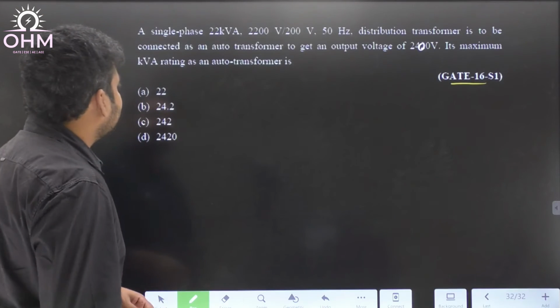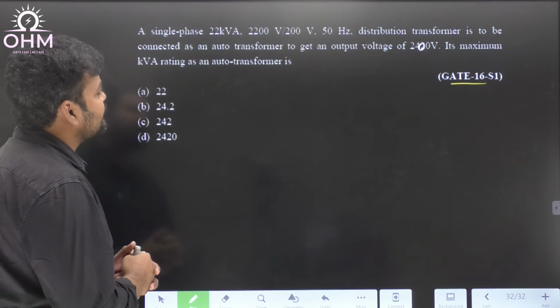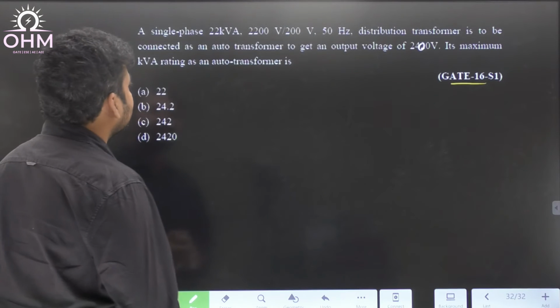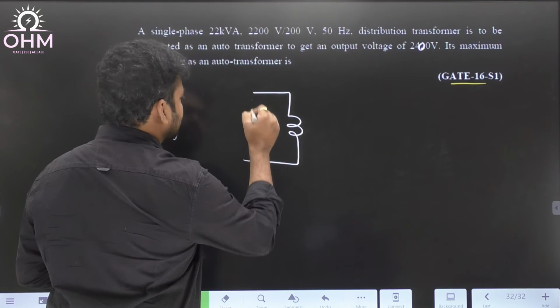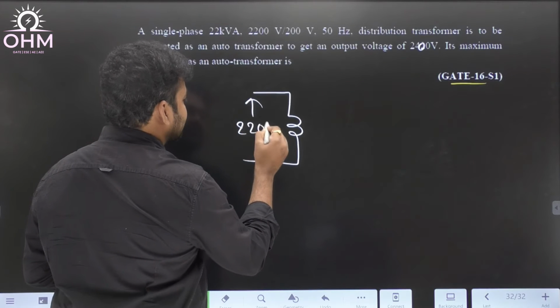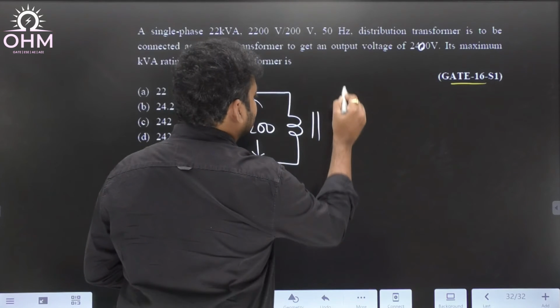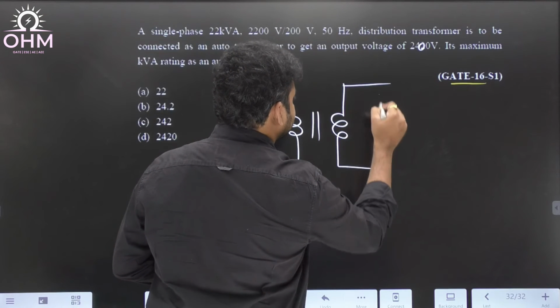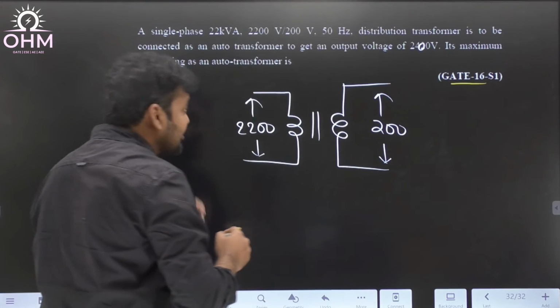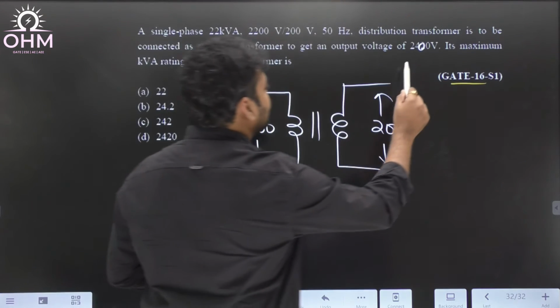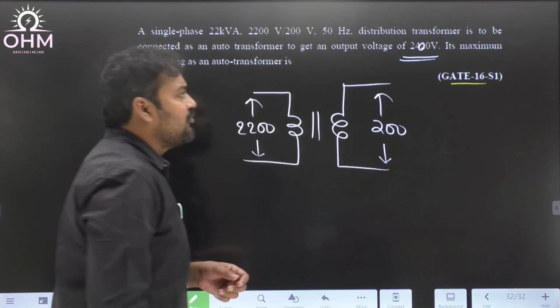The given two winding transformer is 2200 volt on one side and 200 volt on the other side. This must be converted into an autotransformer to get an output voltage of 2400 volt.